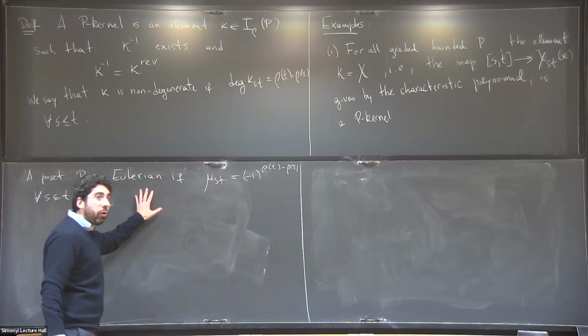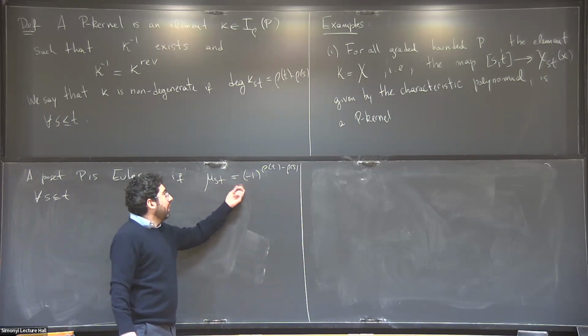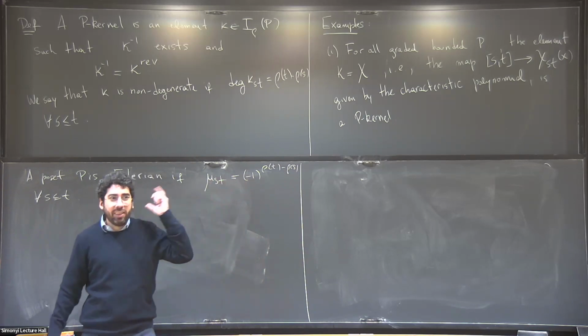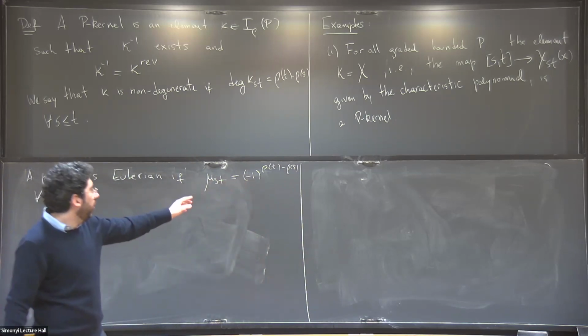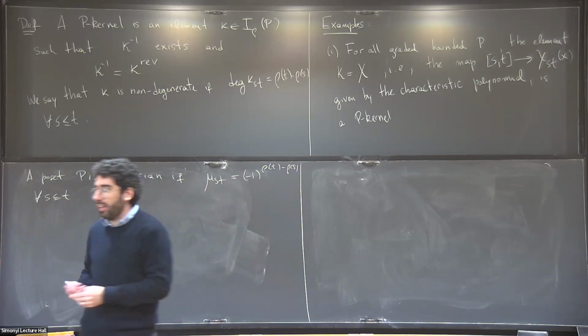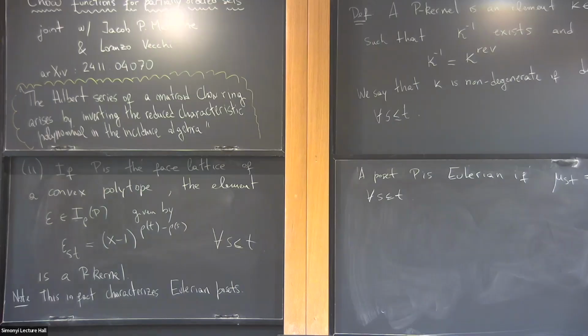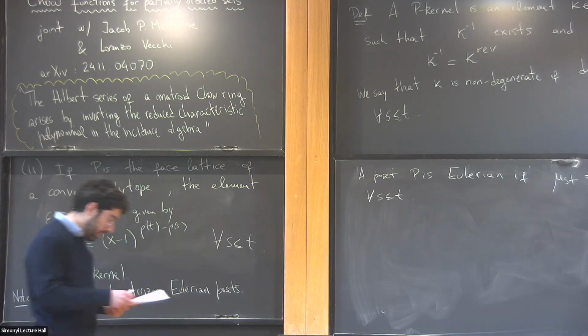Eulerian posets form a very complicated class of posets, so don't be misled by thinking that this condition is so strong that the class of posets is easy, because that's not the case. But satisfying this property is equivalent to having this epsilon as a kernel. So that's a good thing to have in mind.